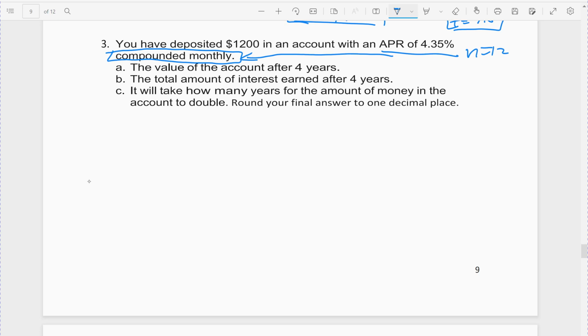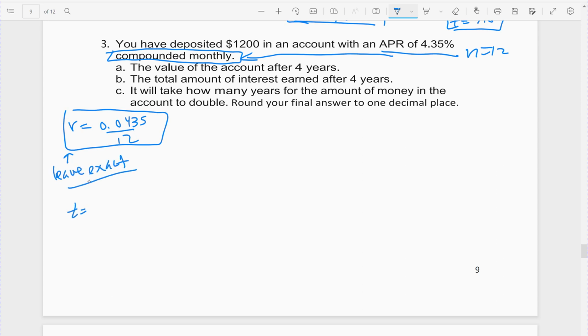We'll do A first, the future value of the investment. First I'm going to find my r. My r is my annual interest rate, 0.0435 over 12. This does not simplify, so leave it exact. Do not round until the end of the problem. T is monthly over 4 years, so 12 times 4, which is 48 compounding periods. This interest rate doesn't come out nice.